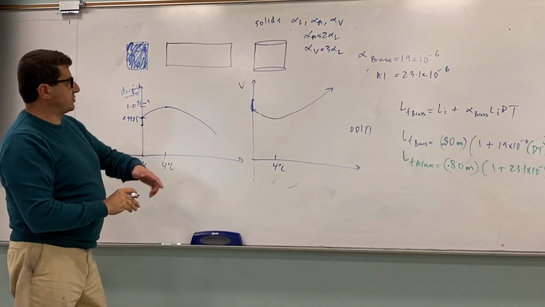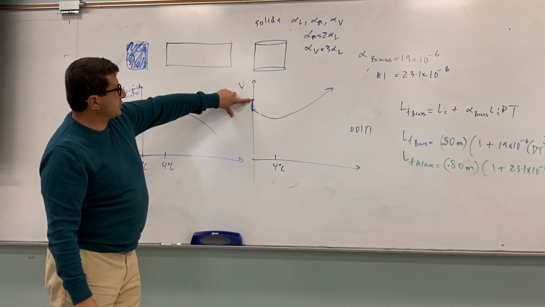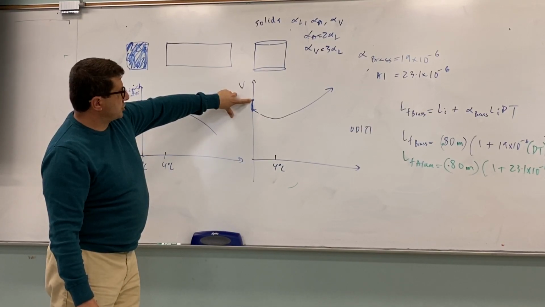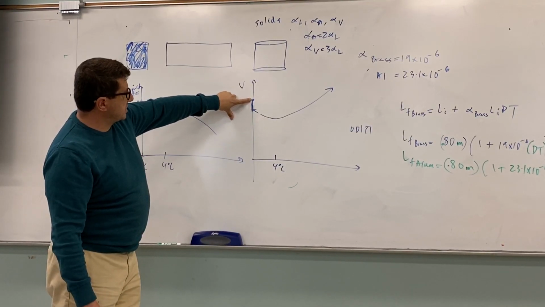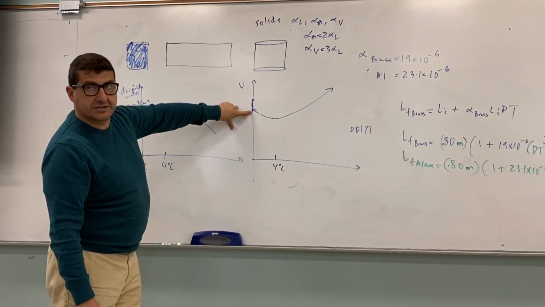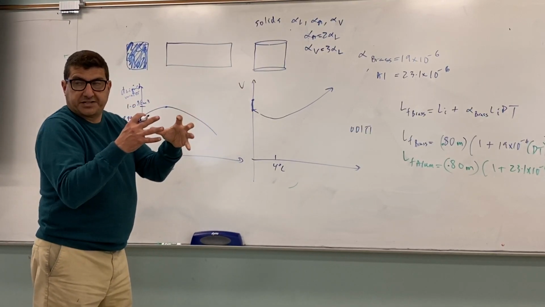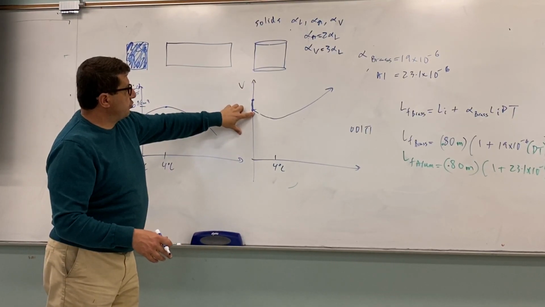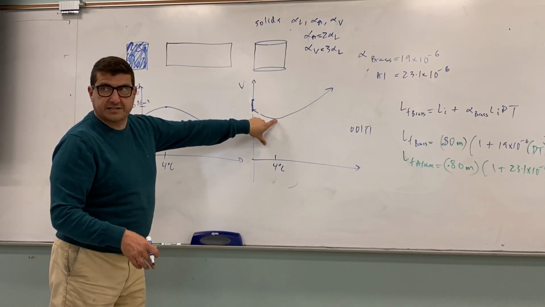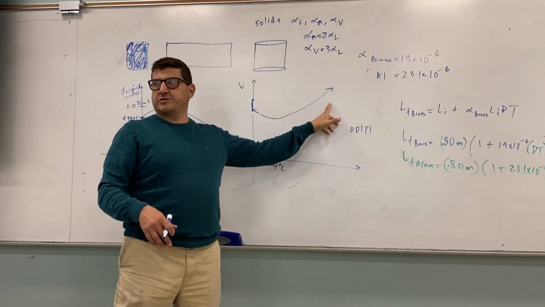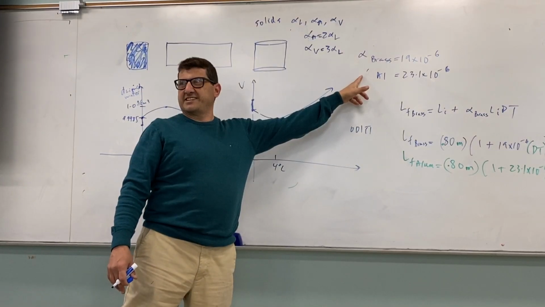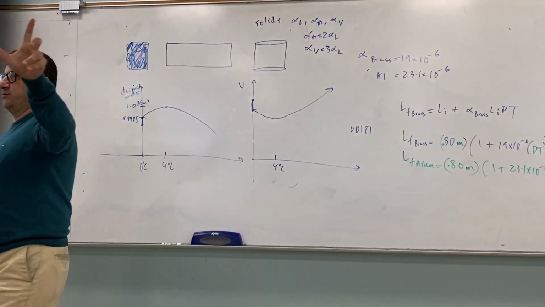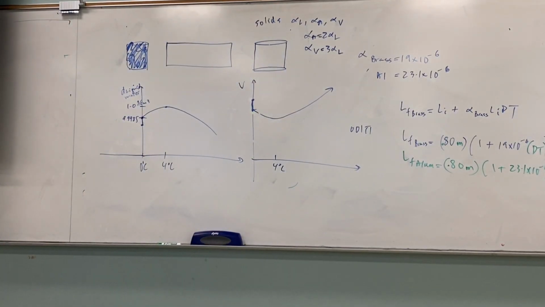Okay, so here's what this would mean. If you start with ice at 0, you transform it to water, its volume drops, right? So the ice contracts. Then if you warm it to 4 Celsius, it contracts. Then after 4, it increases. You can see, that's why for water, the densest water is at 4. And why is this helpful for life forms?